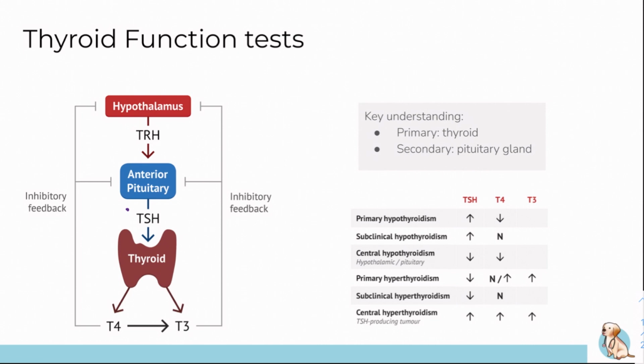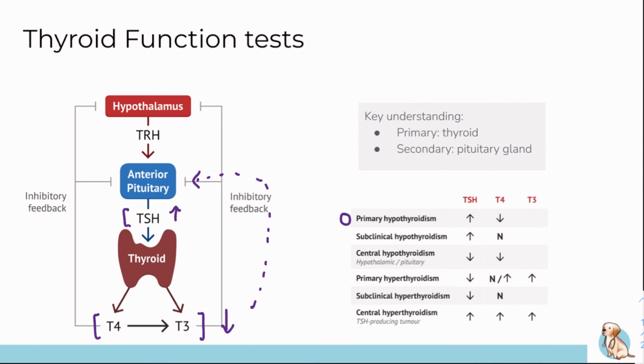We have TSH, T4, and T3. Now, in hypothyroidism, we have a decreased amount of T3 and T4. And so what does a decreased T3 and T4 lead to? It leads to inhibitory feedback, which goes back to the anterior pituitary and tells the anterior pituitary to increase TSH.